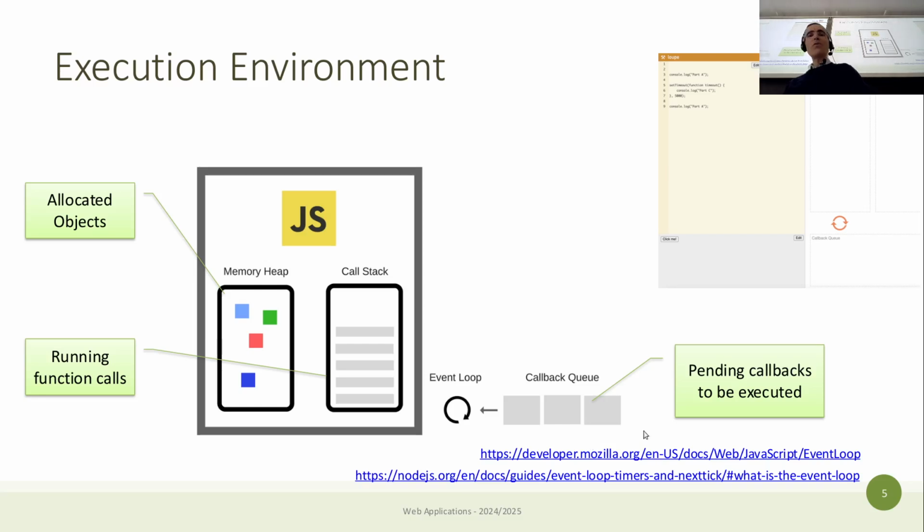If there is something else to execute, it takes the first item of the callback queue and puts it on the call stack, so it calls the callback and starts executing it. And it goes on and on as long as there is something that needs to be executed. In the browser, even if there's nothing to execute, nothing happens.